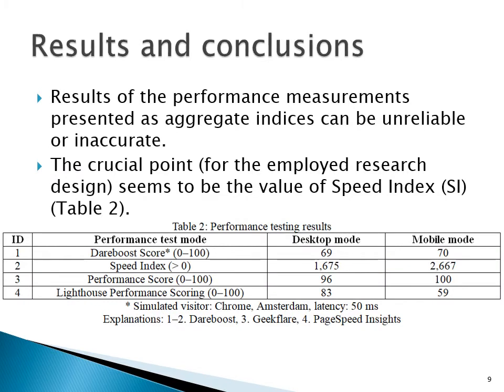Results of the performance measurements presented as aggregate indicators can be unreliable or incorrect. The critical point for the employed research design seems to be the value of speed index, SI.